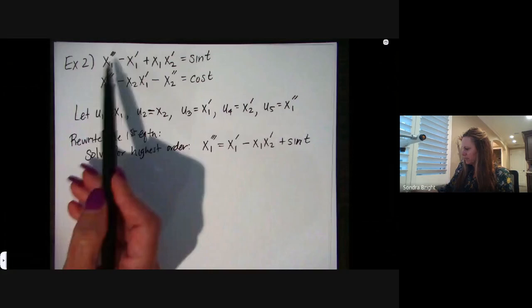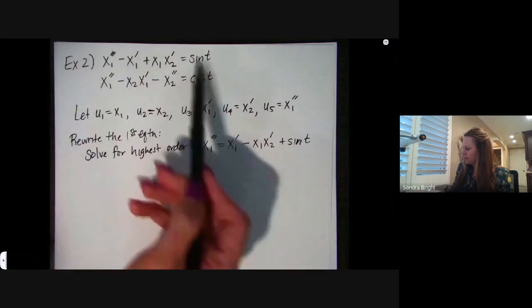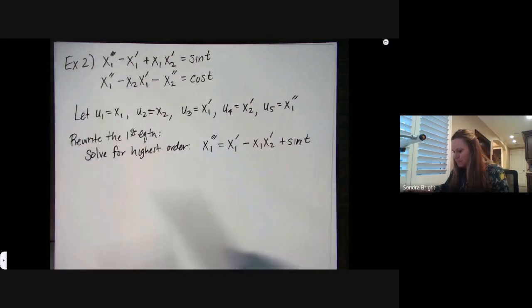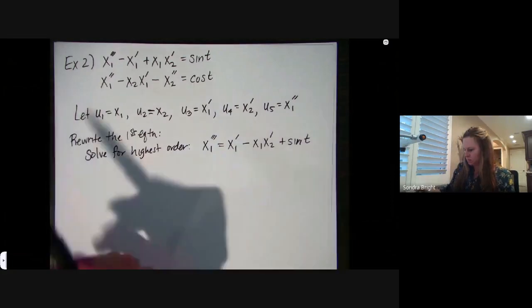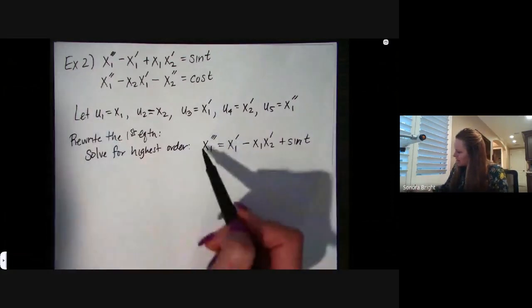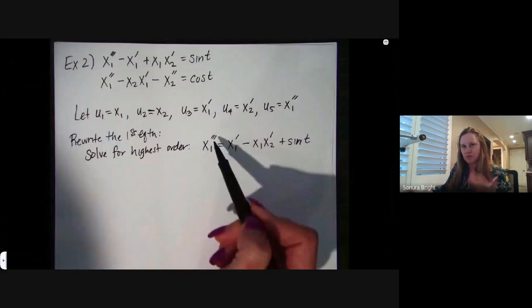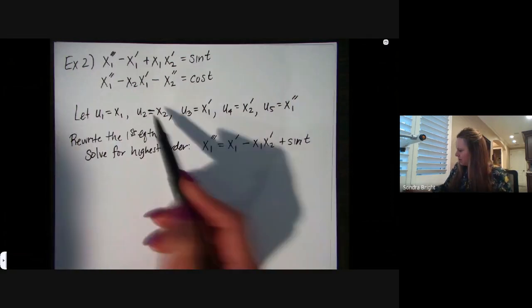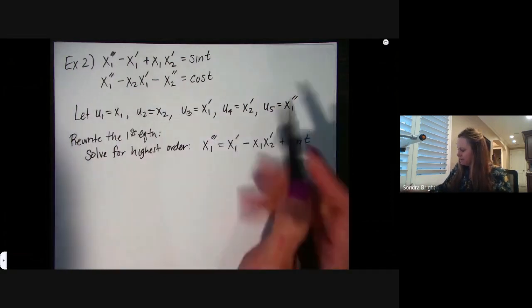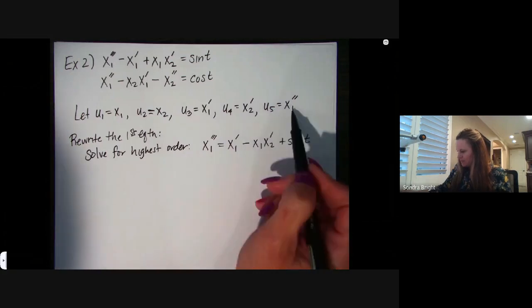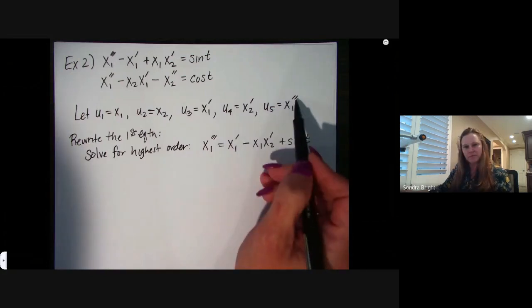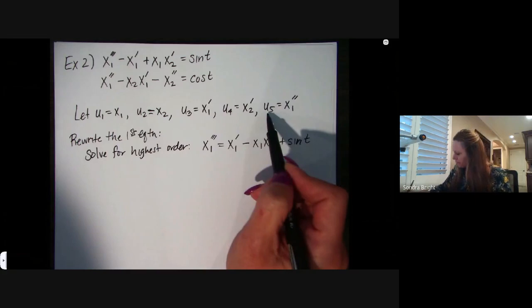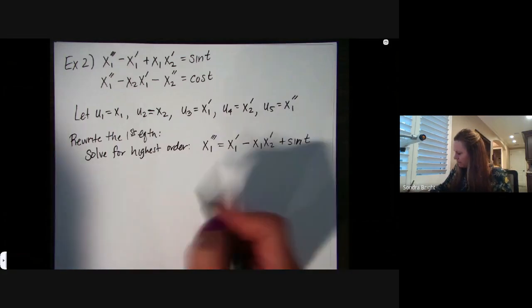All right, and then we use these guys as my substitutions. I'm going to change everything into u's. So the third derivative of x1, I don't have one, right? But that's okay, because the third derivative of x1 would be the first derivative of u5. And so it's u5 first derivative.